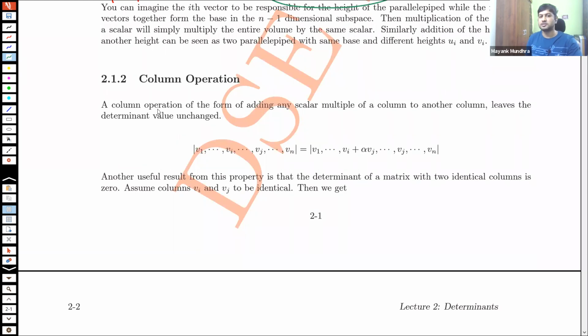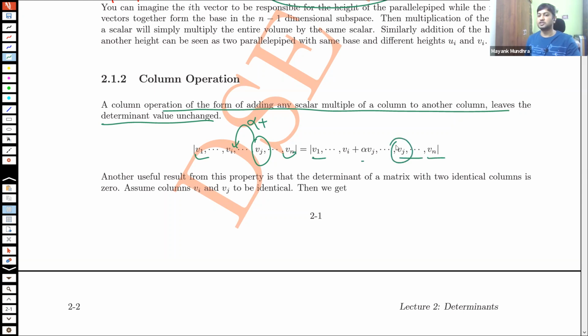Then column operations. Column operations of the form of adding any scalar multiple of a column to another column leave the determinant value unchanged. So suppose you have vectors v1 to vn. You take any jth vector, multiply it by alpha and add it to the ith vector. Then you'll get the same determinant.